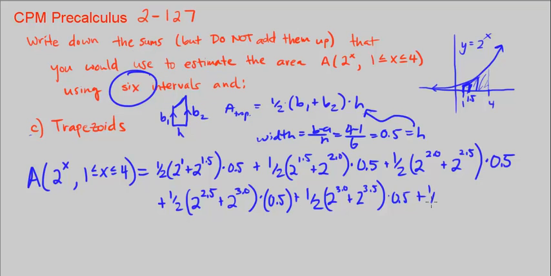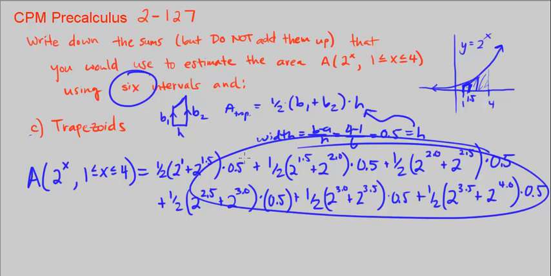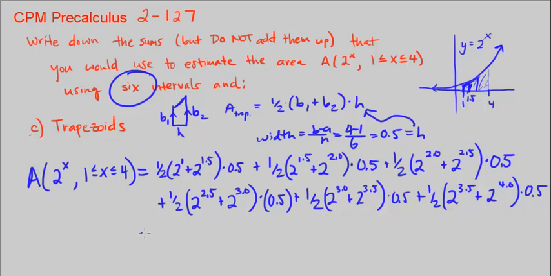So the last one's going to be 1/2 times shares a base here, 2 to the 3.5 plus 2 to the 4.0 times 0.5. Okay, so these are our 6 trapezoids we're finding the area for. We can go ahead and simplify this, let's factor out the 1/2 and the 0.5, right?